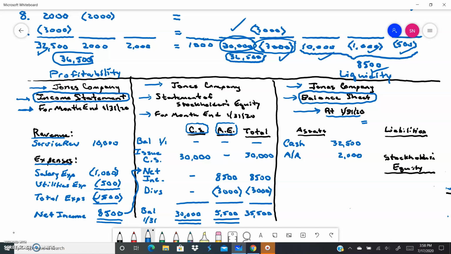That's money that's due us. We just need to collect it. And then supplies. Supplies is an asset. It's going to help us generate revenue. And that's $2,000. And so that's total assets. Put a total down here.